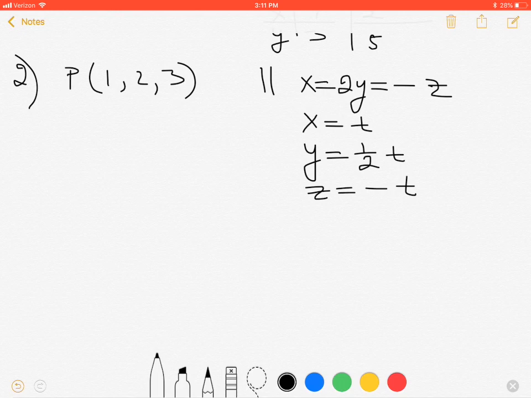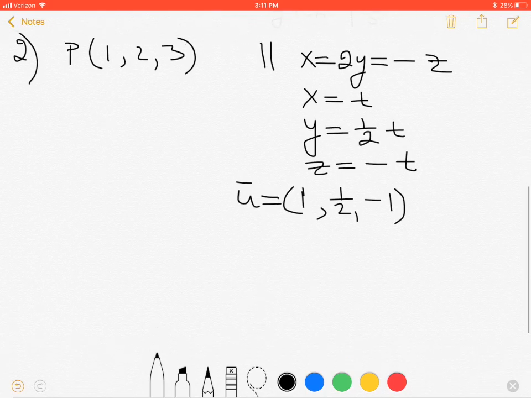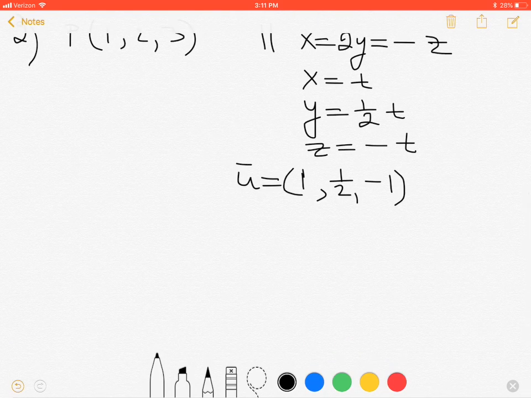The direction vector of this line will be the vector with coordinates 1, 1/2, and -1. Because our line is parallel to the given line, these two lines have the same direction vector, and we only use the point (1, 2, 3).